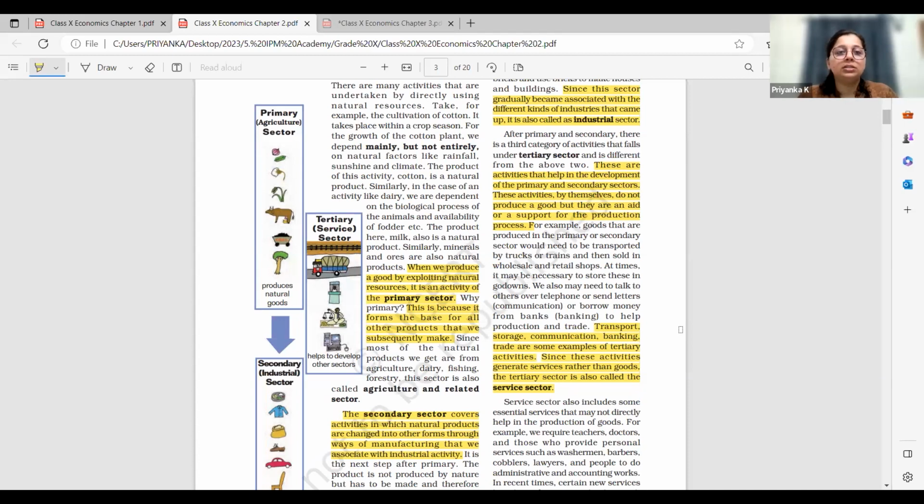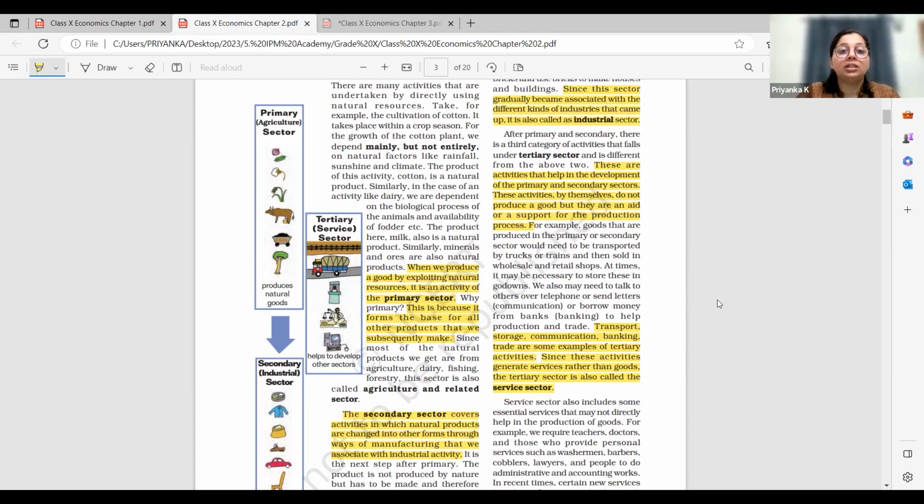And when you just observe around, you can see that a large number of people are now coming into the tertiary sector, because the tertiary sector is expanding at a very large scale in our economy these days. For example, if goods are being produced, there need to be warehousing facilities.